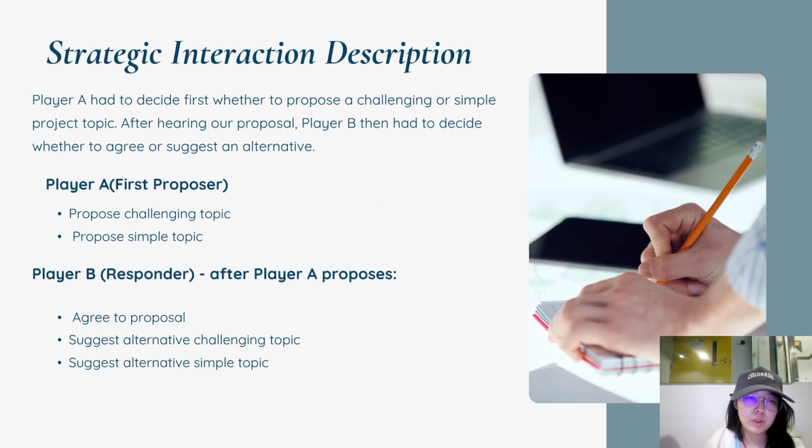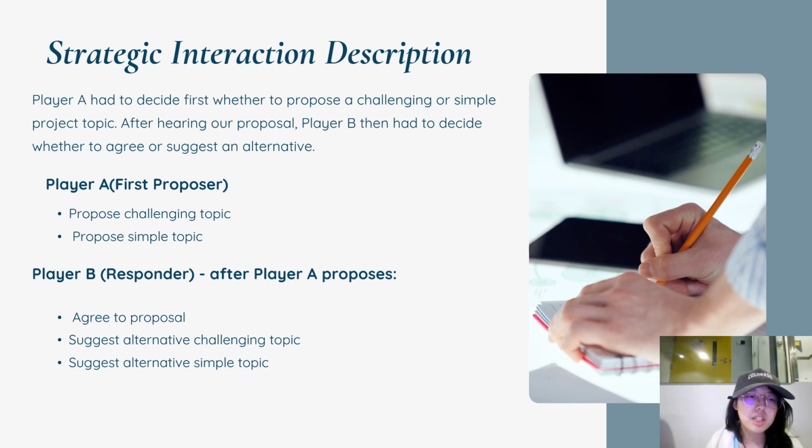Okay, let's move to the strategy interaction description part. Player A had to decide first whether to propose a challenging or simple project topic. After hearing our proposal, player B then had to decide whether to agree or suggest an alternative. Player A is the first proposer and has 2 options: the first is to propose a challenging topic and the other is to propose a simple topic.